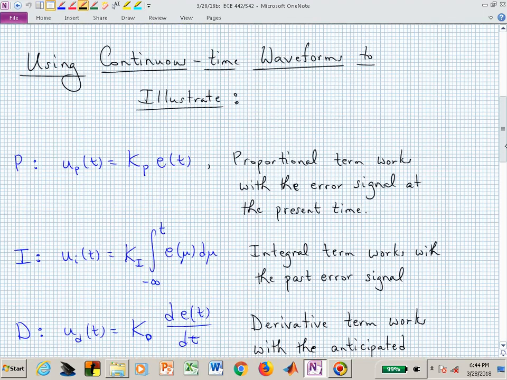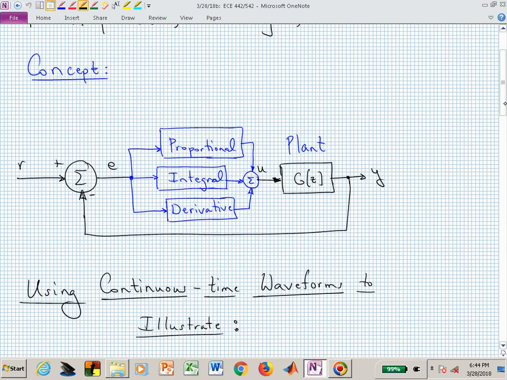This PID controller then has 3 different pieces to it. One that's sort of playing with the error now. The integral is sort of saying, oh, I remember where you were at before, and working with that. And the derivative is saying, oh, this is where we're going, then I'm going to adjust my behavior in a certain way.